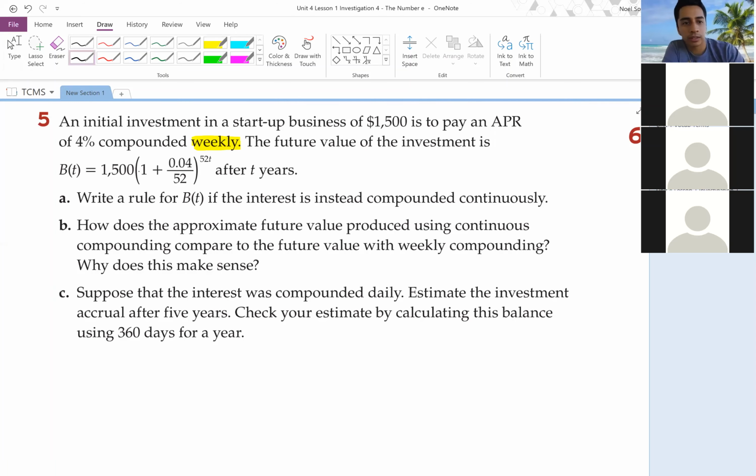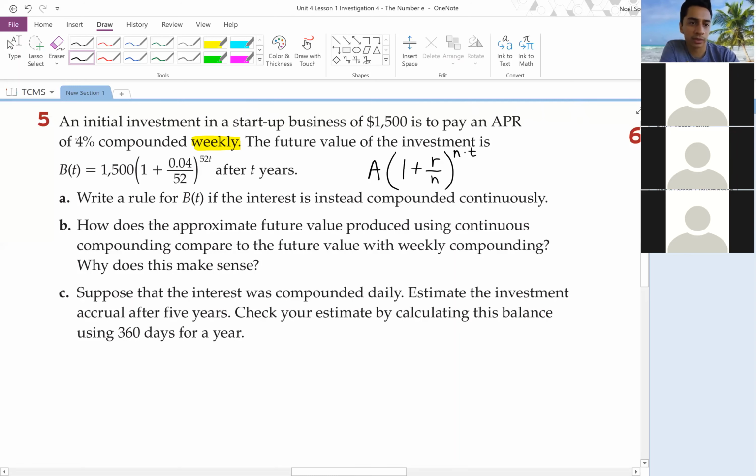So what they're using here is the setup of the original formula from compound interest from way back from investigation 3. If you remember, the setup for that was A times 1 plus the rate over n, and the n represented how many times it was compounded in a year, and then the power was n times t. What they've done here is plug in everything they're supposed to.